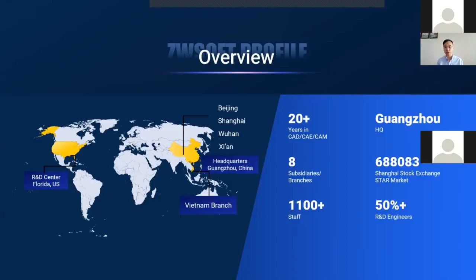In the coming years, we will have more local office branches and subsidiaries in different locations, for example the European region, Asia, and also the South Pacific area, so we can provide better local service to our users and partners.